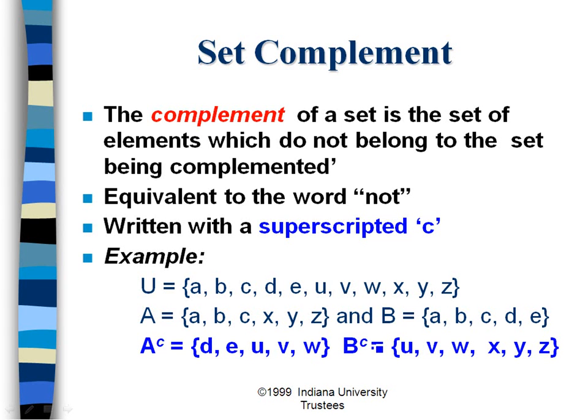Okay. B complement is what are the elements in the universal set that are not in B. So not B. We have A, B, C, D, and E in B, so everything else is the complement of B: U, V, W, X, Y, and Z.